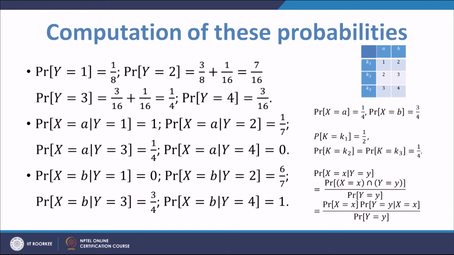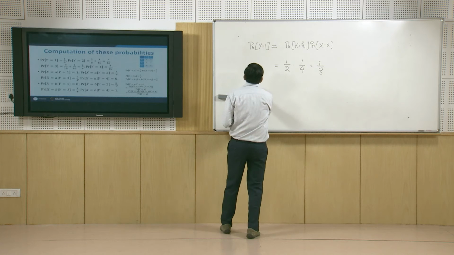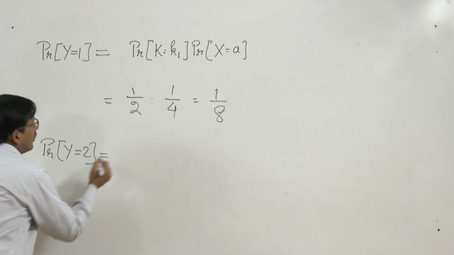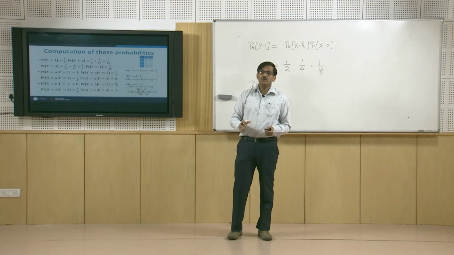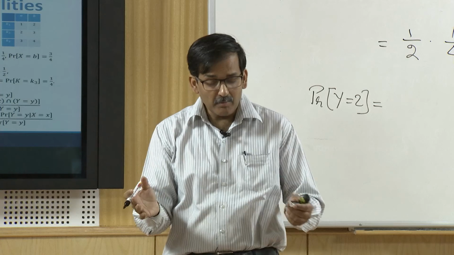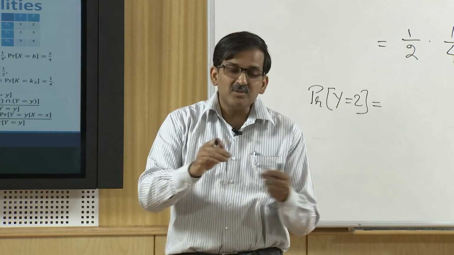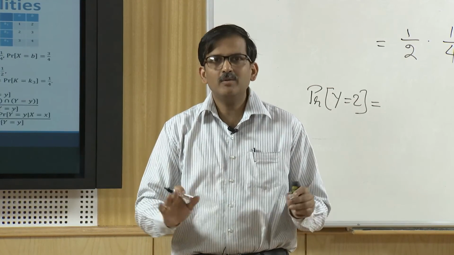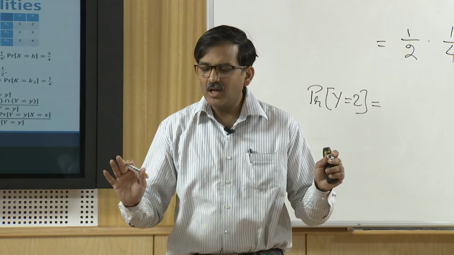Now, I can ask what is the probability of getting y equal to 2. Of course, if you patiently go back and see the formulas that I have discussed, you will be able to do that. Then you have to talk about the C case and all those things, but basically for working we can do otherwise.